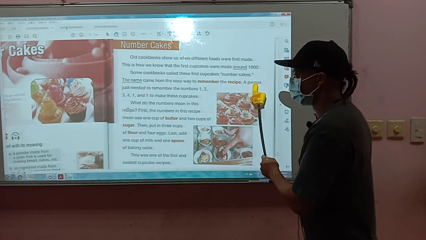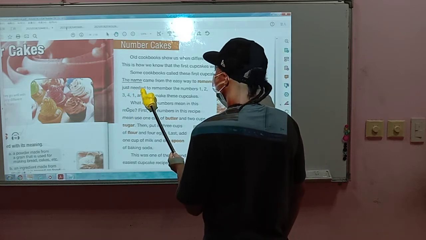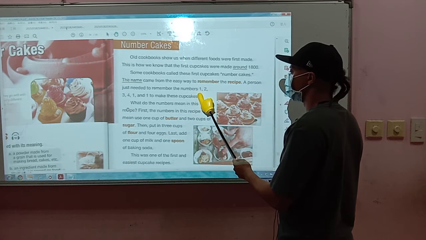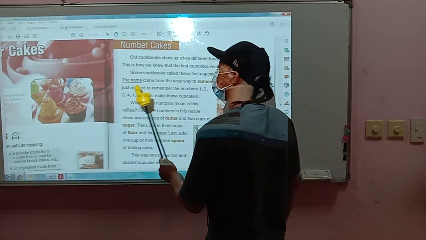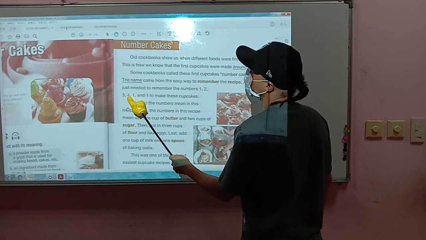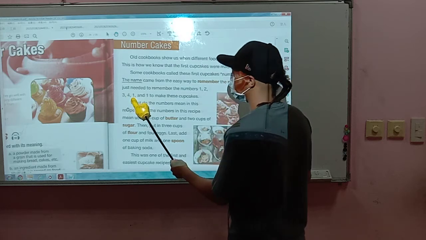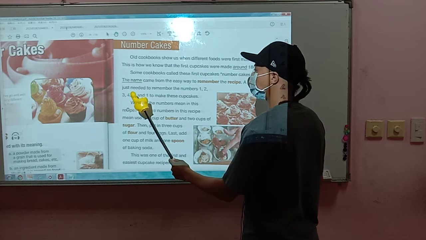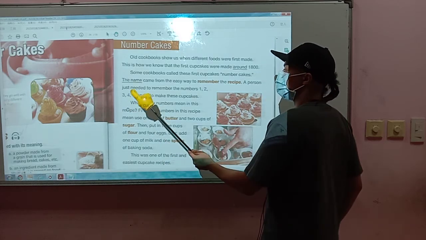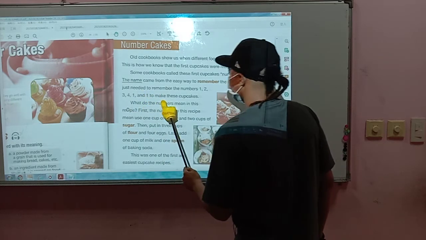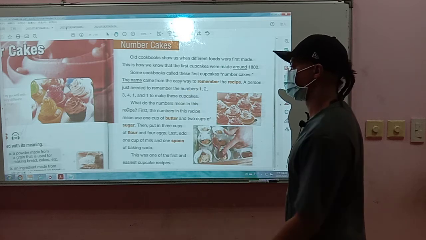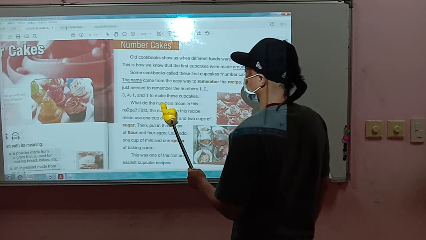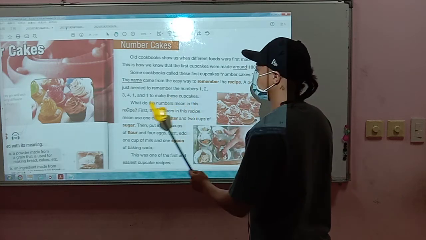A person just needed to remember the numbers 1, 2, 3, 4, 1, and 1. Okay, so 1, 2, 3, 4, 5, and 6 different numbers to make these cupcakes. What do the numbers mean in this recipe?